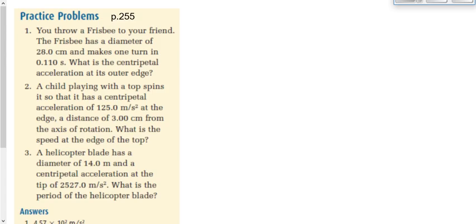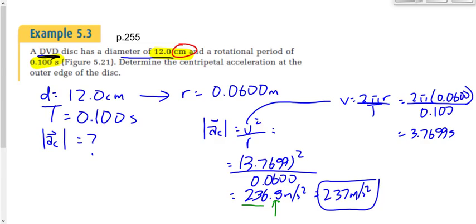All right, take a look at those 3 questions, please, on page 255. Centripetal acceleration. Oh, by the way, what were we asked for, the centripetal acceleration? Did I answer that question? Acceleration is a vector. It needs direction. We didn't identify the direction, did we?